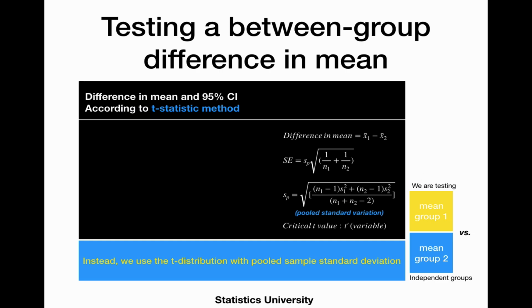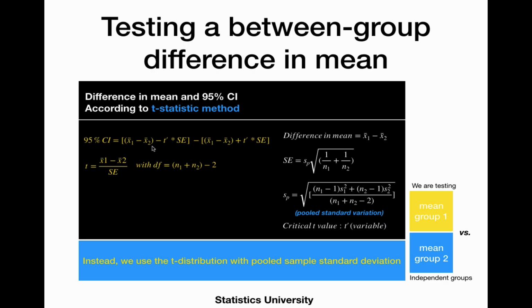And then we use a critical t-value, but that critical value is variable and it depends on the degrees of freedom. So usually the degrees of freedom are the number of patients in group 1 and the number of patients in group 2 minus 2. And then we can fill in the 95% confidence interval.